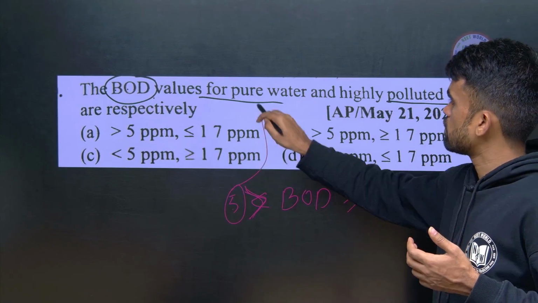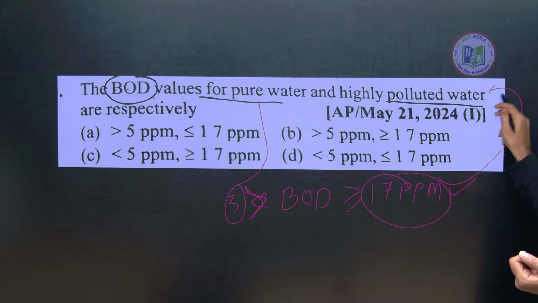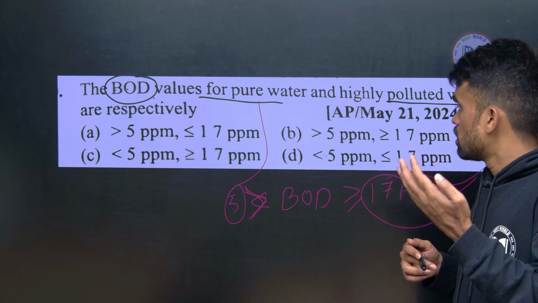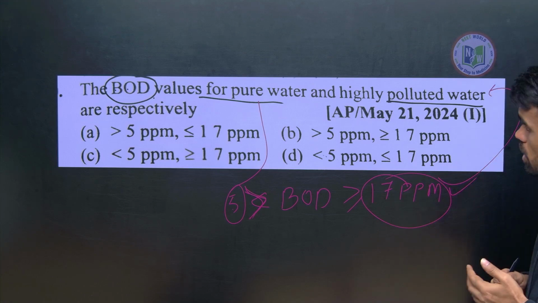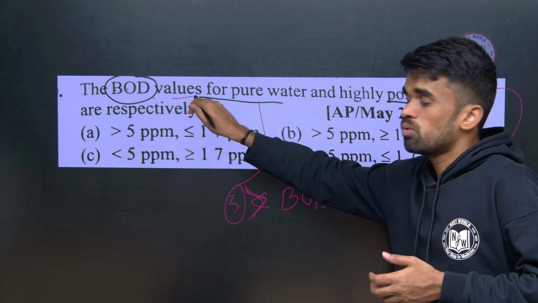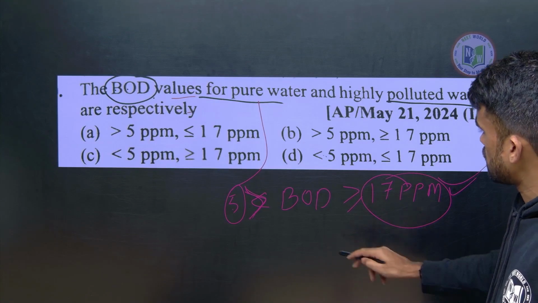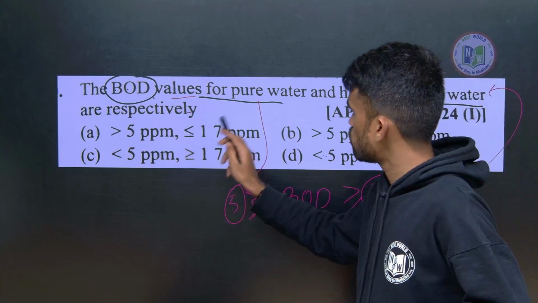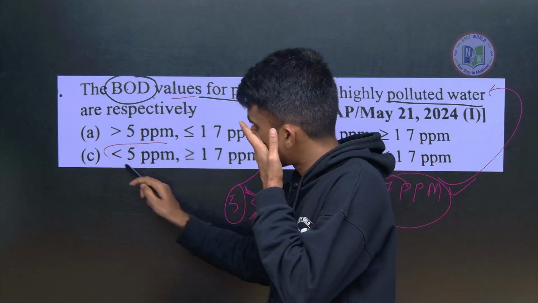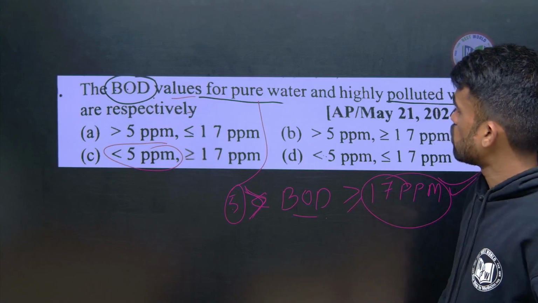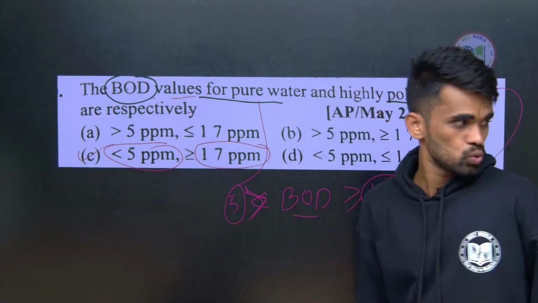So less than 5 ppm is pure water and greater than 17 ppm is more polluted water. You can remember it like that: more BOD value, more polluted. So for pure water BOD is less than 5, and for more polluted water it is greater than or equal to 17 ppm. You can go with option 2.